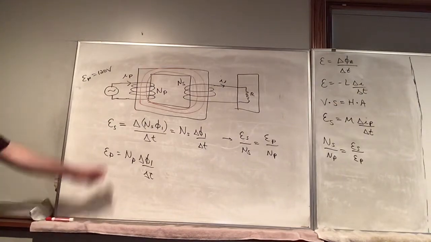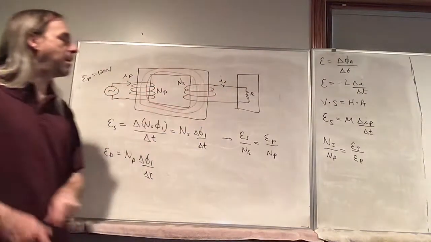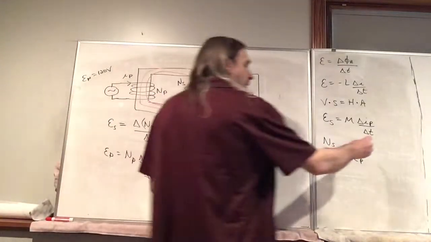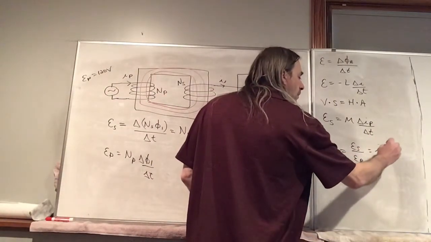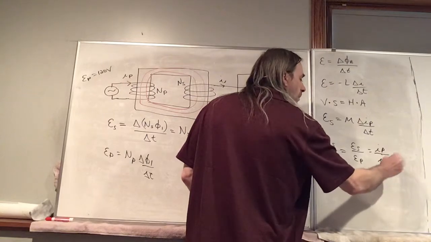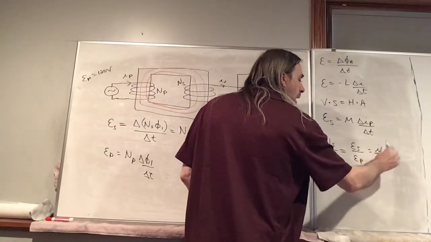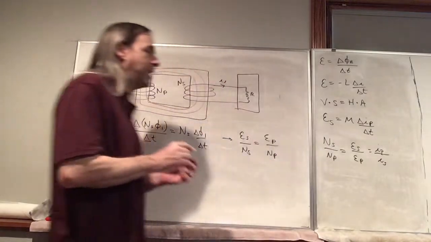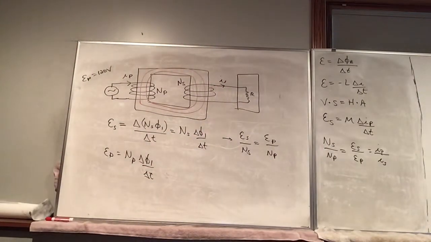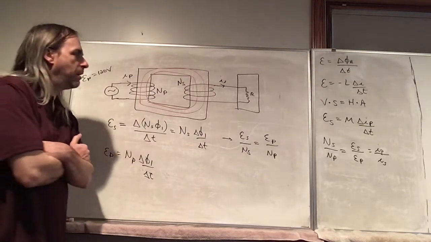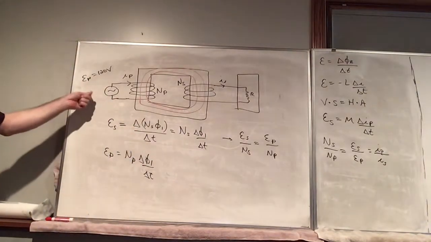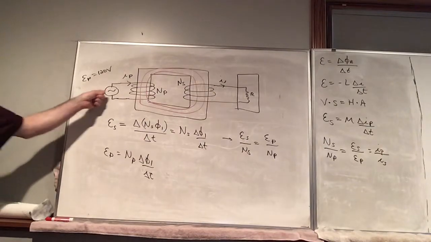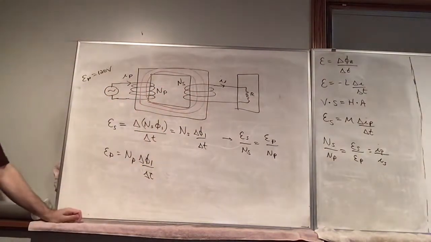And the current in the primary and secondary coils are related as well. I'm going to write that down. Again, we're making some simplifying assumptions here. We're assuming that there's no power lost due to resistance in the wires. That's usually pretty good, so we're assuming that whatever power we're delivering from this side is being transmitted to this side.